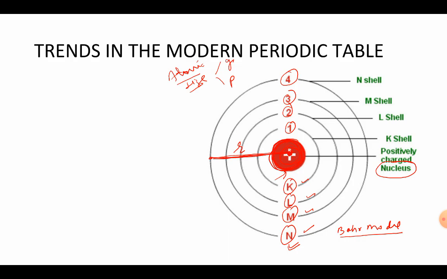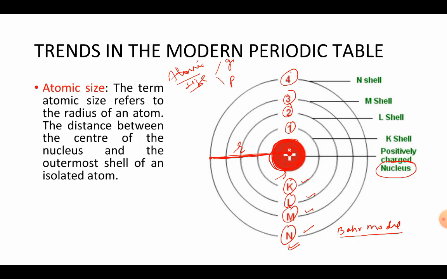So what is atomic size? It is the distance from the center of the nucleus, from where we have to start, to the outermost shell of an isolated atom.